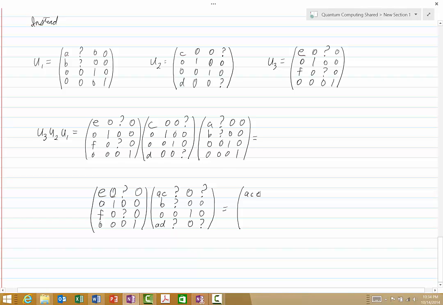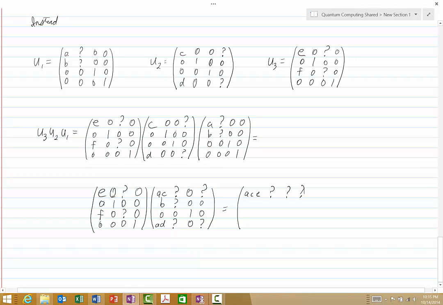When we multiply this row times the second column, E is getting multiplied by the question mark, so we have a question mark there. When we multiply this row times the third column, the question mark here is getting multiplied by 1, so we get a question mark. And this row times the last column, E is getting multiplied by this question mark, so we get a question mark.